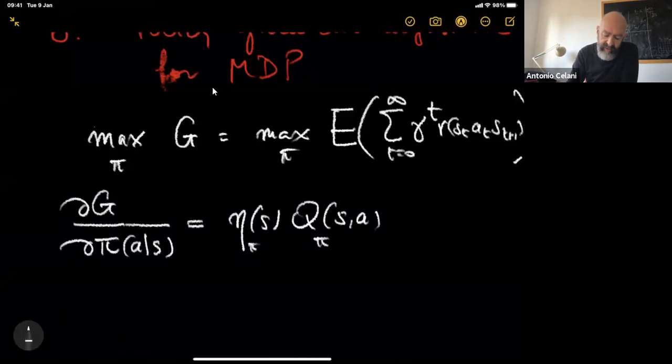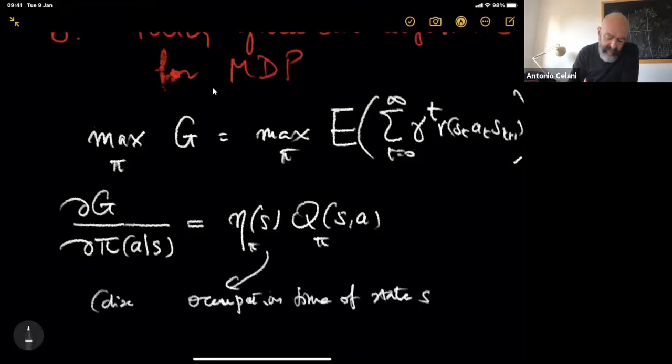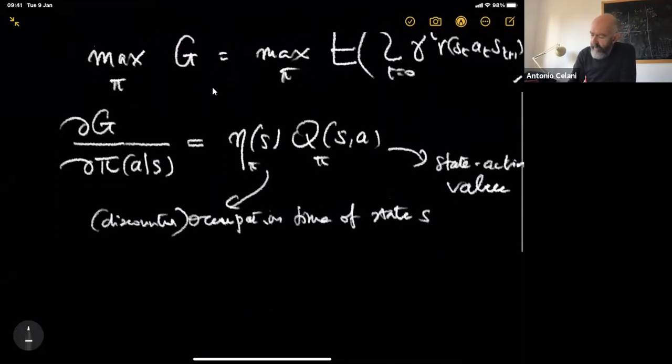Basically these can be interpreted as discounted occupation times of state S, and this is the state action value function. Okay, so let me just recall you the basic definitions of these objects.